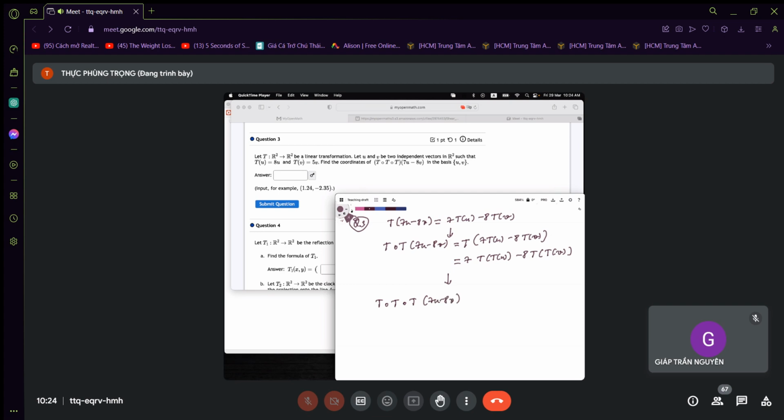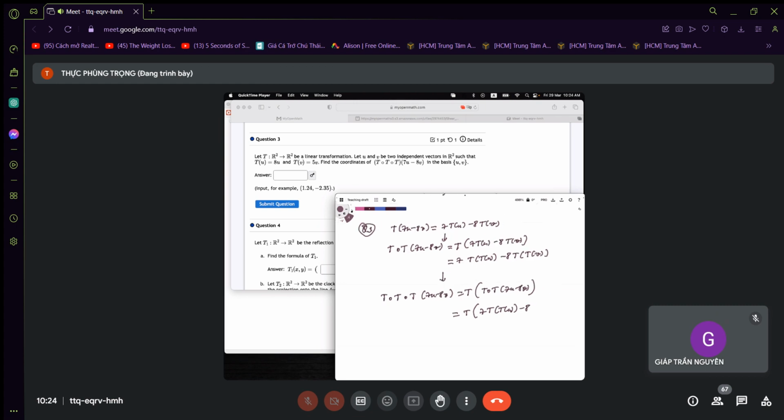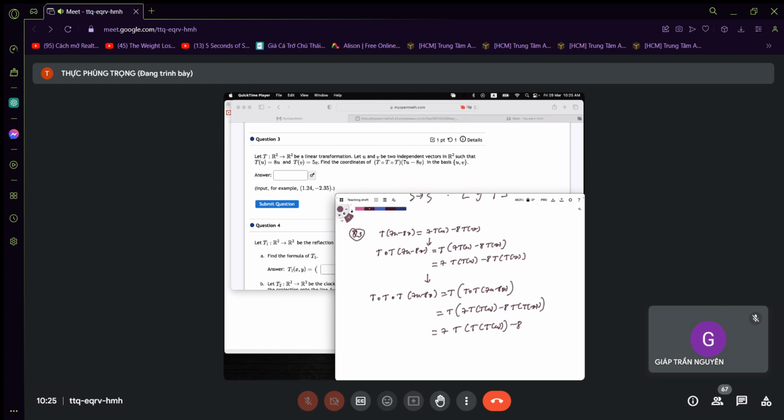So this is just T of... so now you can write T of 7TTU minus 8TTV. And then you get 7TTTU minus 8TTTV. Yeah, so many parentheses.